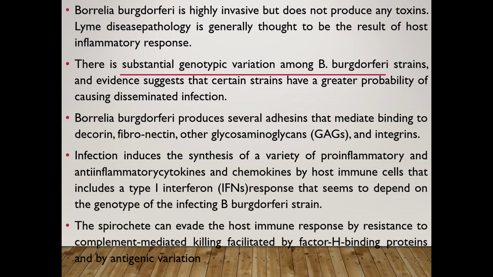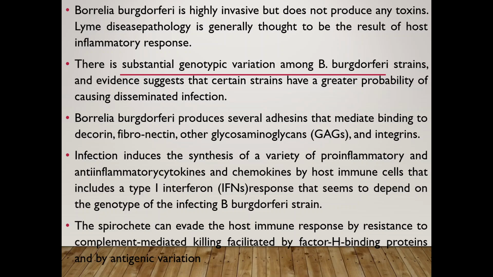Lyme disease pathology is generally thought to be the result of the host inflammatory response. There is substantial genotypic variation among Borrelia burgdorferi strains, and evidence suggests that certain strains have a greater probability of causing disseminated infection.